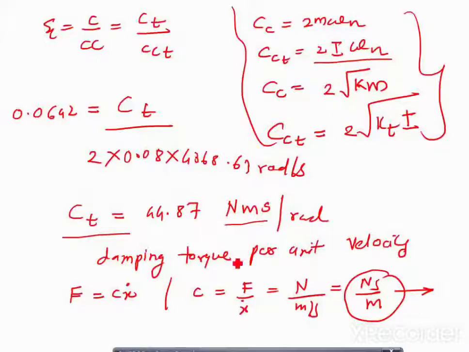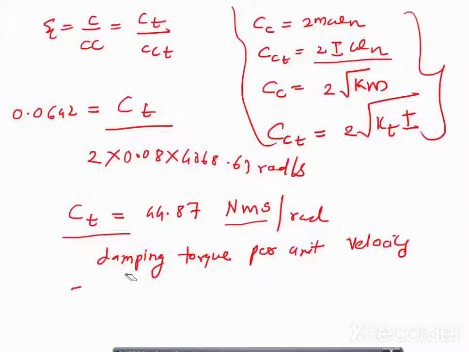But here it is damping torque per unit velocity. How does it come? In torsional systems, instead of F it will be T, torque, instead of C it will be Ct, and instead of x dot it will be theta dot. So you can see that Ct is equal to T upon theta dot.